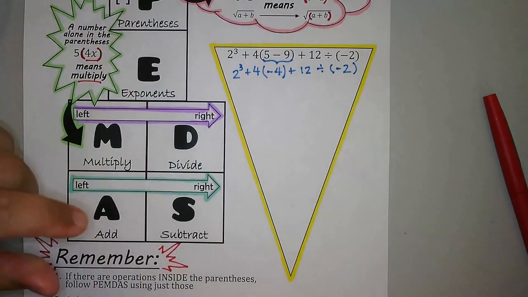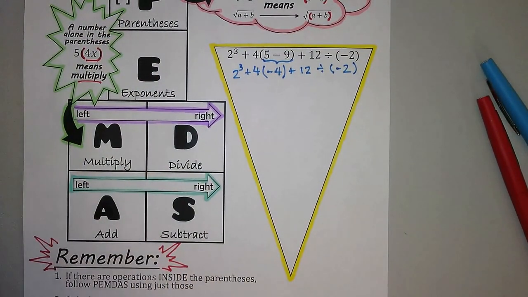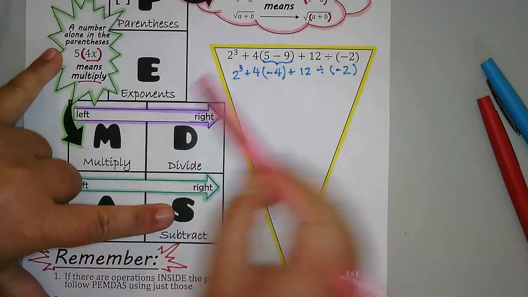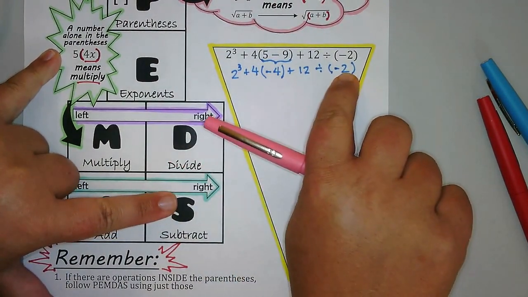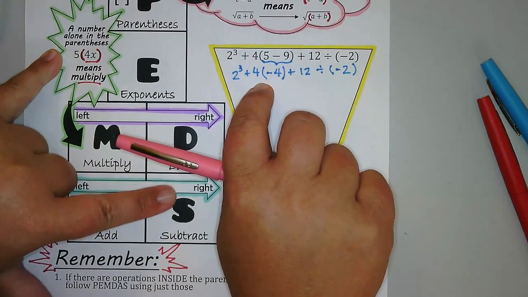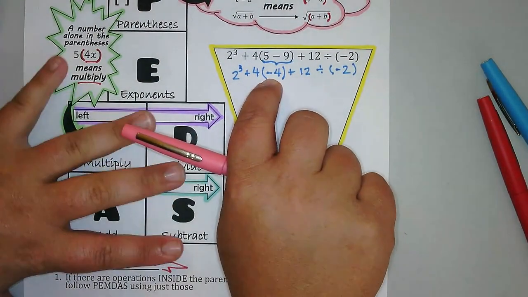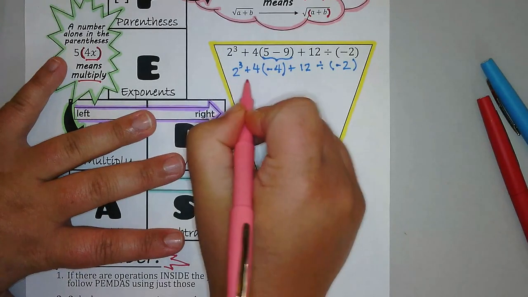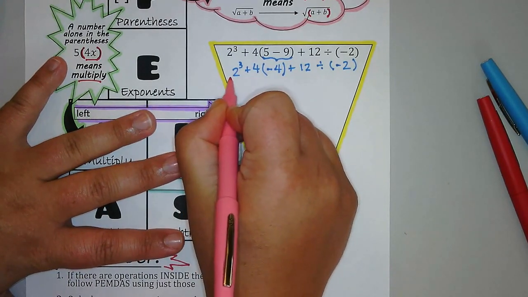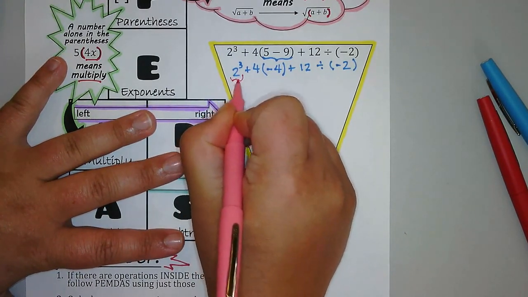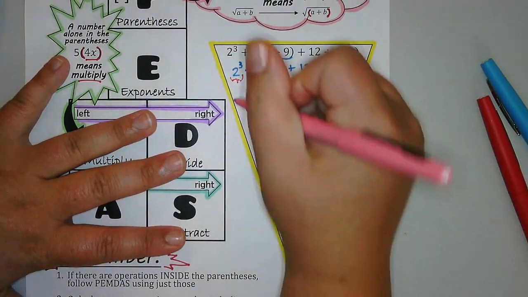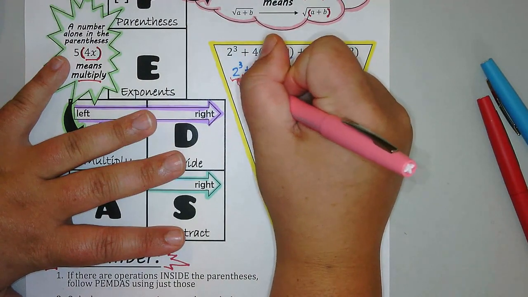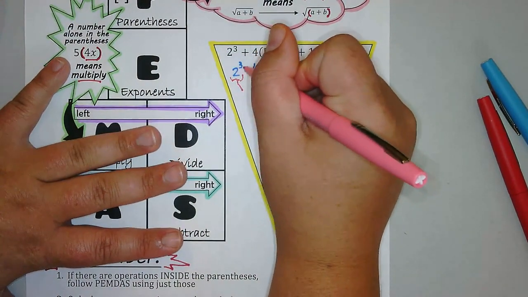Now, what I want to do is exponents, because again, even though I have parentheses, this is just a -4 and just a -2. So those are going to actually not mean you're doing something with parentheses. So my exponent is this guy here, 2 to the 3rd power. So again, you can use a calculator on just the one step if you want, but power means times itself.